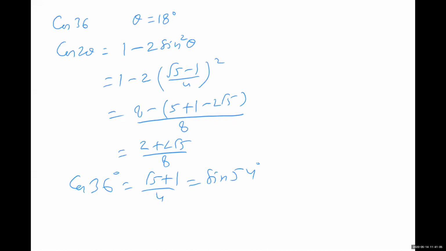Now here are some important deductions, questions which may be asked. For example, they can ask, prove that tan 7.5 degree is equal to under root 6 minus under root 4 minus under root 3 plus under root 2.